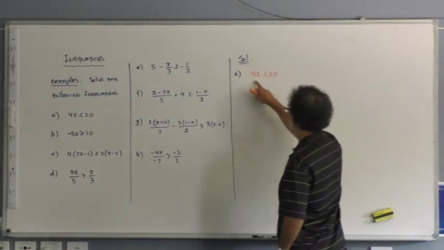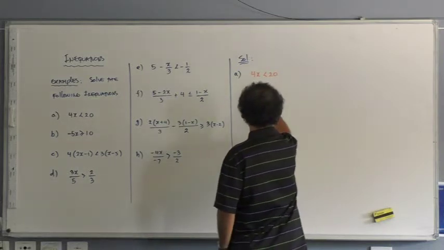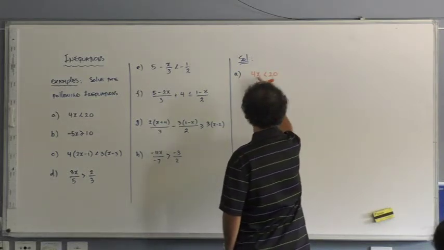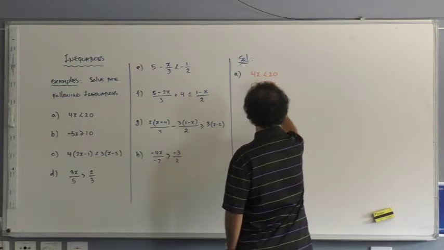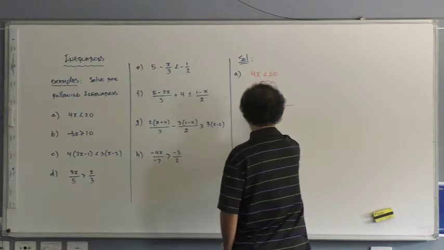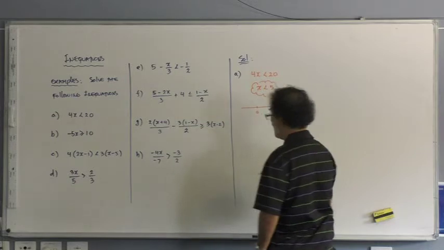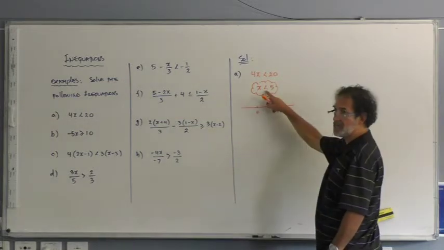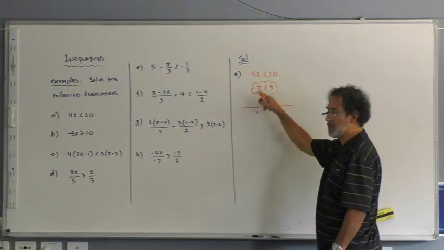In here, if you want to make x the subject, then we divide by 4. So the answer is going to be x is less than 20 divided by 4, which is 5. That's it. Then underneath you draw the number line. You put 5. This symbol tells you in what direction we are going to draw the arrow.